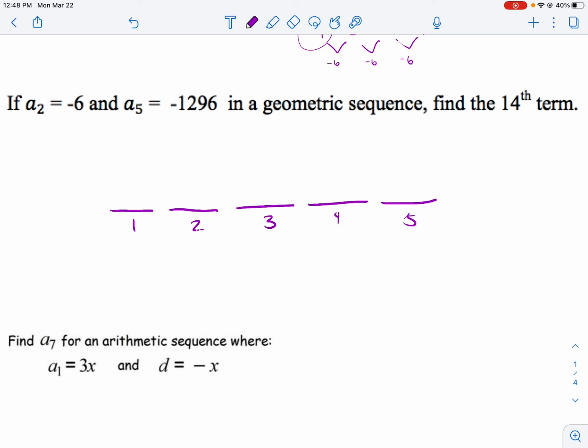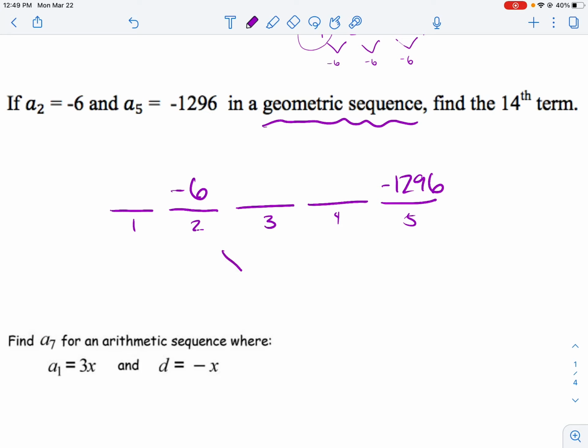Now, because we can't use our calculator, because these are negative, we're going to just plug these in where they go. Our second term is -6, and our fifth term is -1296. Okay, so it looks like it's getting smaller. Now, they tell us it's geometric, which lets us know that we're multiplying by a common ratio each time.